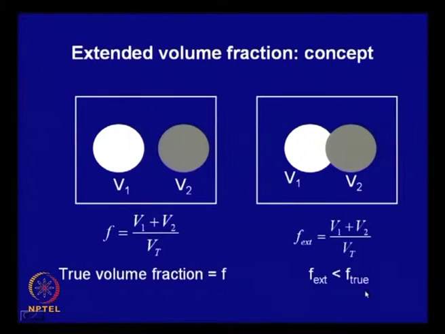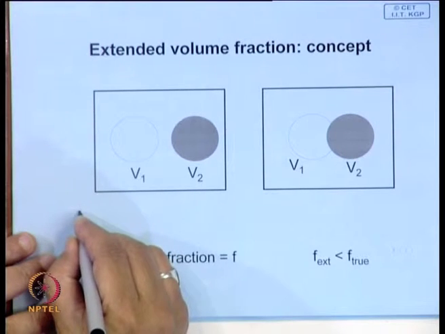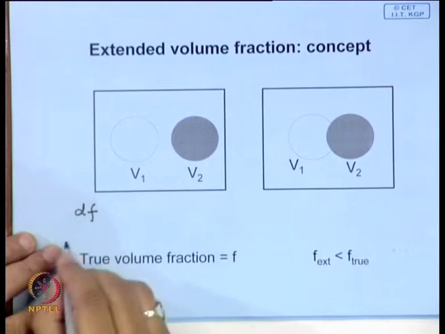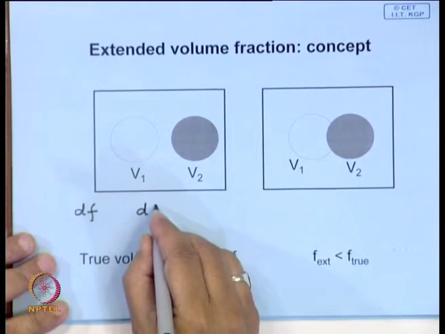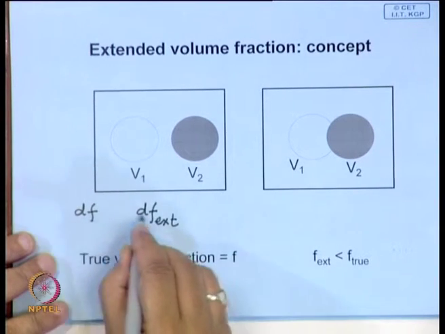So, we call this the extended volume fraction, there is something extra: the true plus something extra is this. Is there a way of finding out? Suppose there is a relationship between a small increment in the true volume fraction and a small increment in this extended volume fraction.